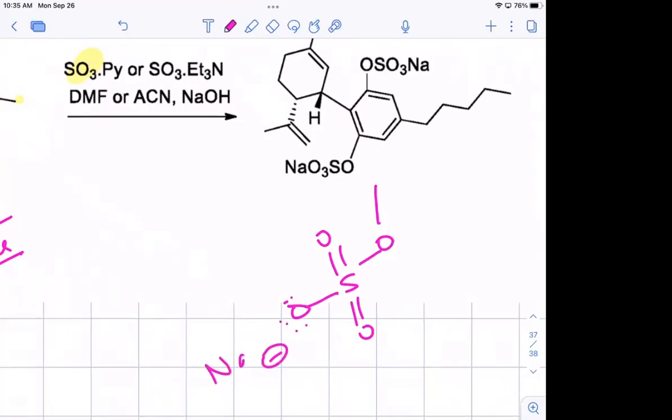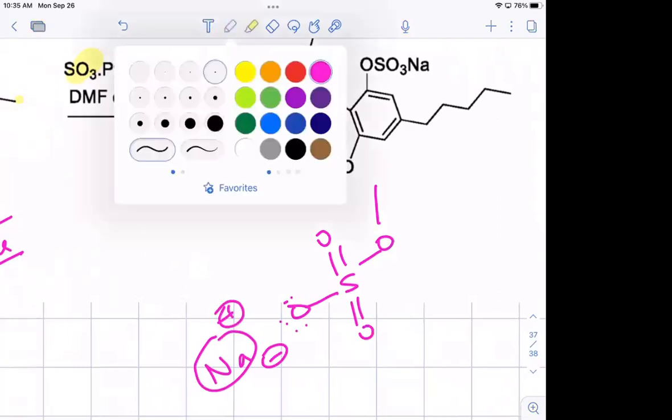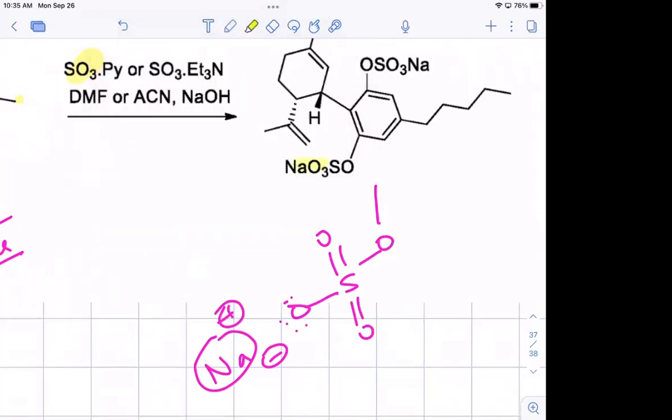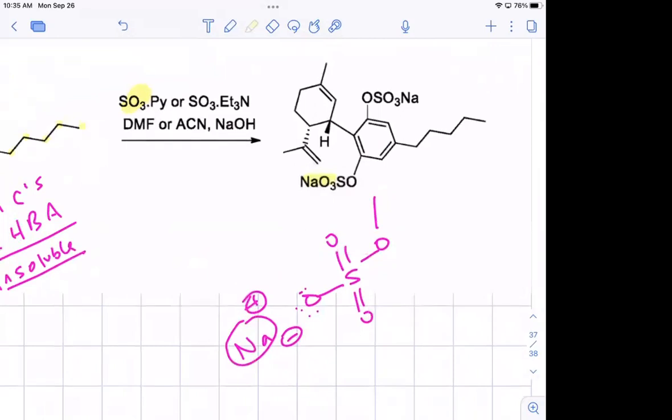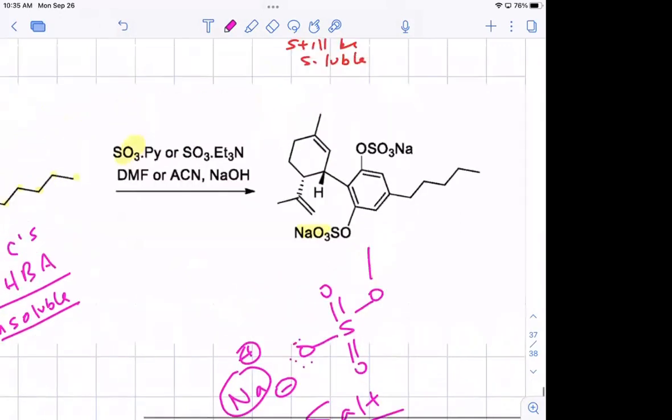And then that's a salt with sodium, so Na plus. You can see right there, the Na is a counter ion. So they make this a salt, and that also adds to its solubility, right? Because now it's very polar. So because it's polar and water is also polar, then you're going to have that working in your favor as well. And it's the same thing up here.